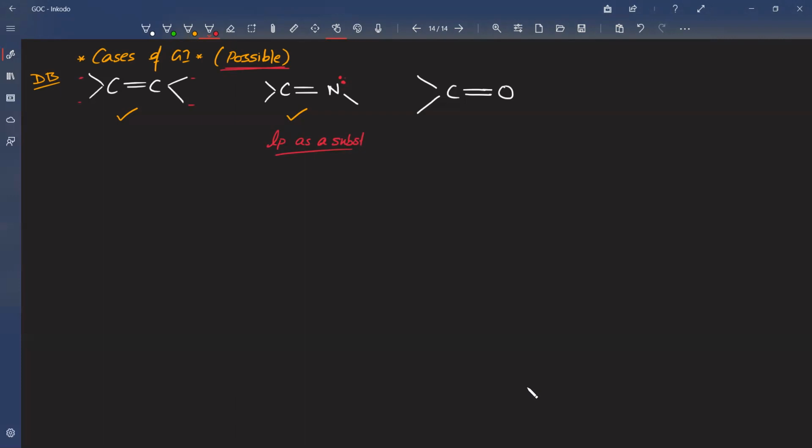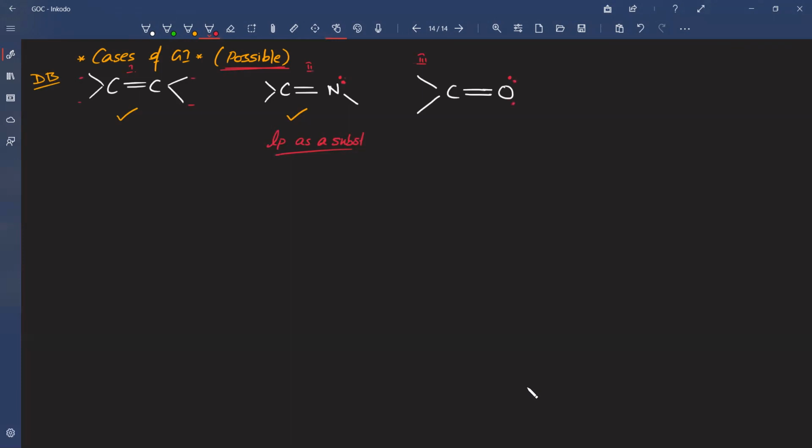Okay. So now in the third case, that is carbon double bond oxygen, is there a possibility of geometrical isomerism? No. Reason?